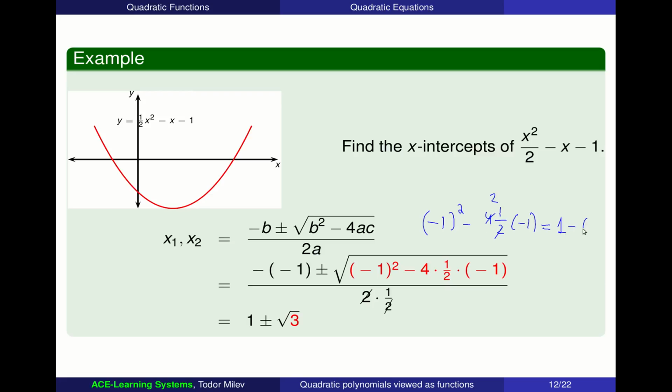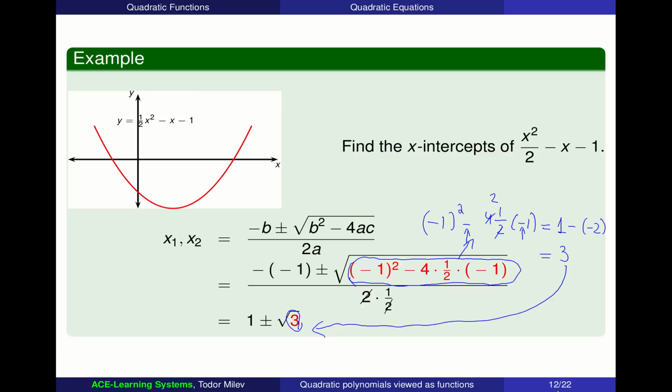So I'm getting -2. Here I'm having 1 minus, here I'm having a second minus. So 1 minus -2, and 1 minus -2 is equal to 3. So that whole expression that we see here, that whole nasty expression, is equal to 3. I just simplified it here for you.